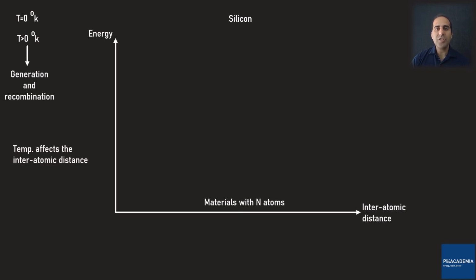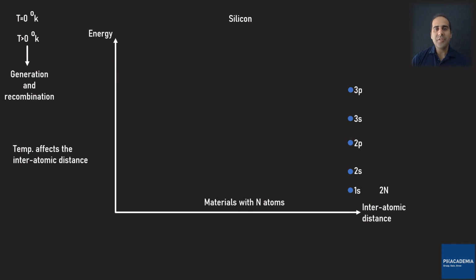In the energy interatomic distance plane, as long as the interatomic distance is large enough, atoms do not feel each other. As a result, the energy sublevels are separate and no splitting takes place. The number of states available in the 1s sublevel is 2n. As a reminder, n is the number of atoms in the silicon material.